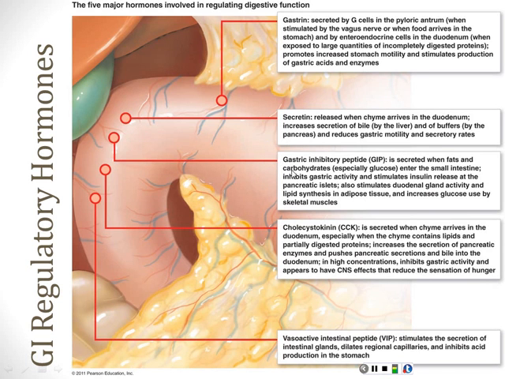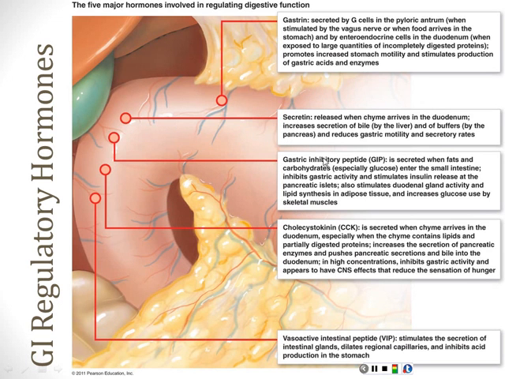One of the things you'll see is the duodenum, being the first part of the small intestine, has to control the stomach because the stomach can only empty as fast as the intestine can handle what's coming in. So the intestine is often telling the stomach to slow down, and secretin is one of those hormones that does that. All right, so that's secretin.